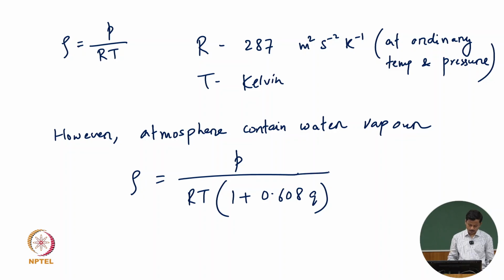0.608 Q. So we have introduced a new term, a new variable, which is Q, and this Q is the specific humidity.